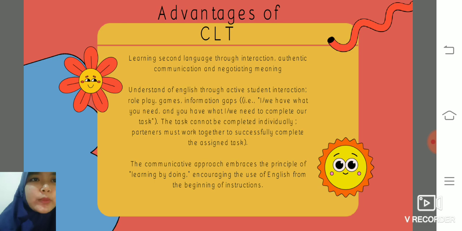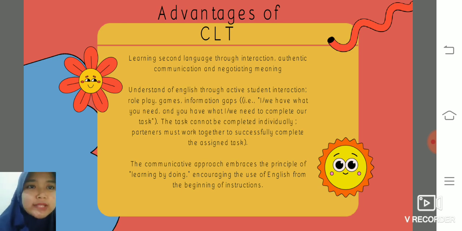And next, advantages of CLT. Learning a second language through interaction, authentic communication, and negotiating meaning. Understanding English through active student interaction, role play, games, information games, where I or we have what you need, and you have what I or we need to complete our tasks.